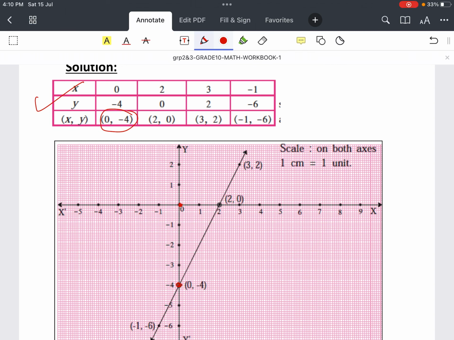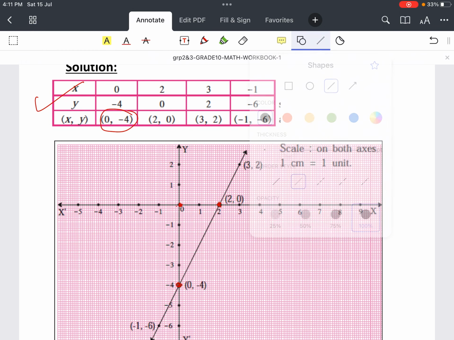Next one, 2, 0. So x is equal to 2 and y is equal to 0. So this is your point. Next one, 3, 2. Okay, 3, 2 means, as per the previous one, draw a vertical line like this from 3.